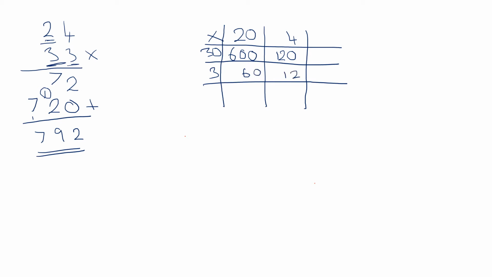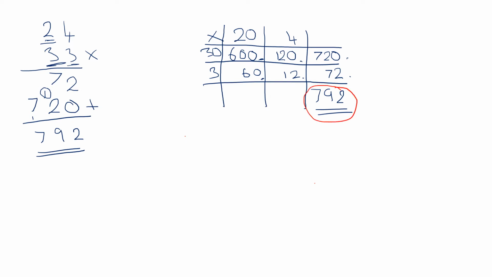Now I'm going to add up the number here and the number here, so 600 plus 120 is 720. And I'm going to add my 60 and my 12, which makes 72, and I'm going to add these two in the last column together, so that will give me 792 again.